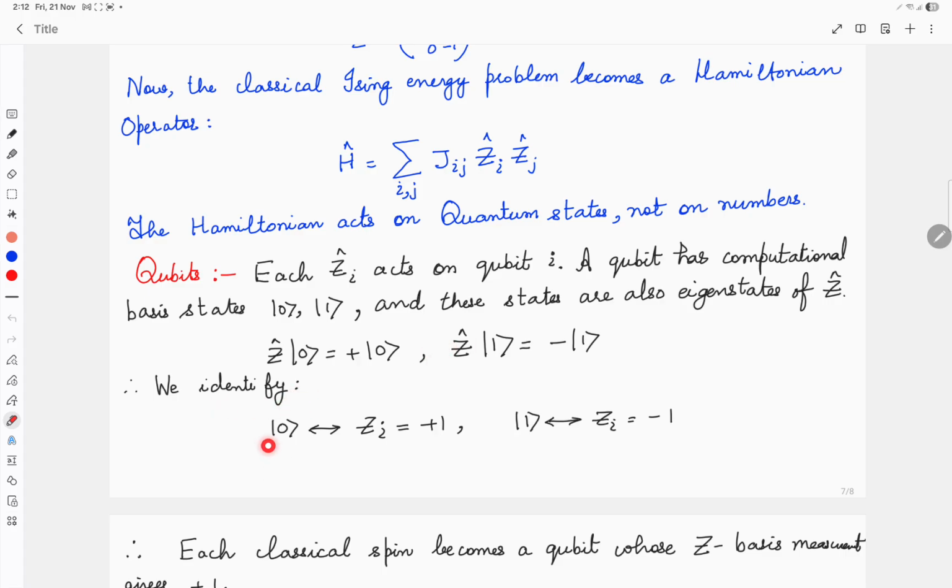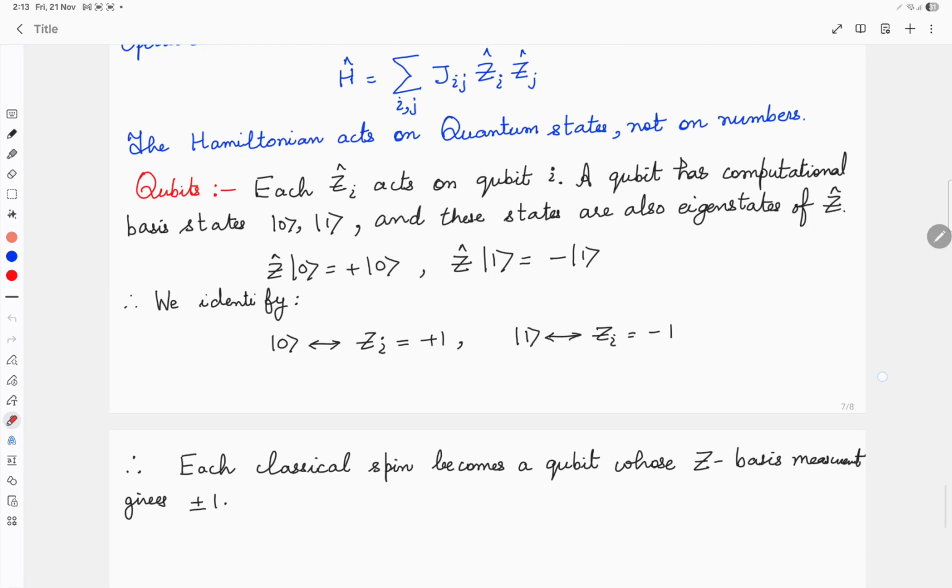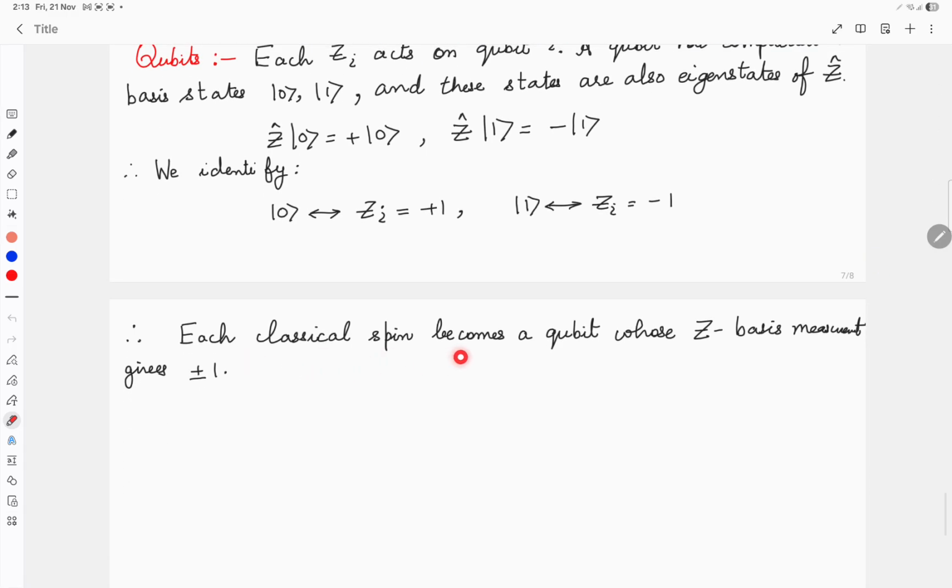So if the quantum state is ket0, it is equal to saying Zi equals +1. When the quantum state is ket1, it is equal to saying the spin variable is -1. So each classical spin becomes a qubit whose Z basis measurement gives ±1.